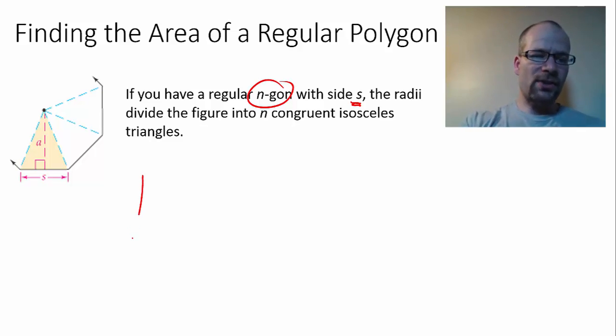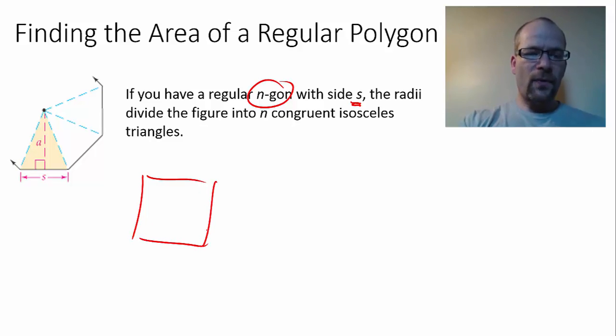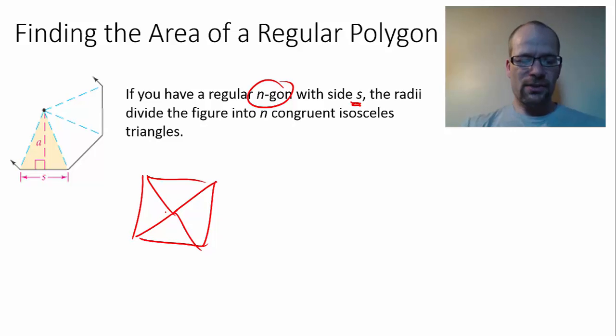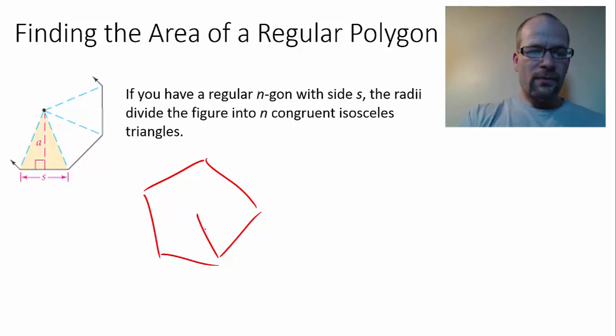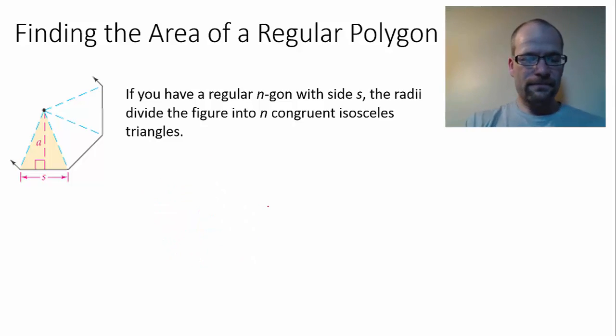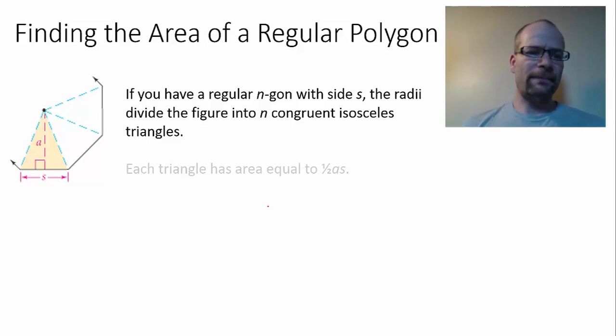So if we're talking about a square that we know has 4 sides, then the radii divide it into 4 congruent isosceles triangles. If it's a triangle, 3 sides, the radii divide it into 3 triangles. If it's a pentagon with 5 sides, we know that the radii divide it into 5 triangles, and so forth and so on to infinity. That's important to keep in mind.